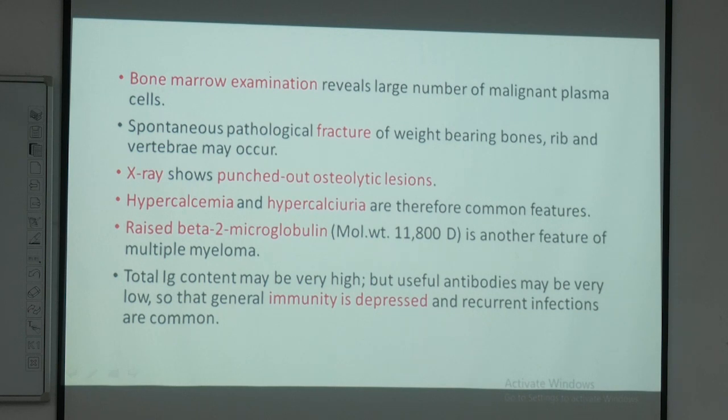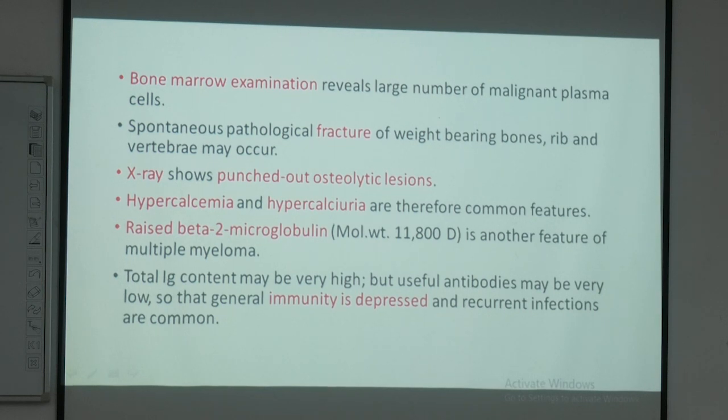So there are mainly two kinds of cells in the bones, and they are in balance with each other. One is osteoblast, another is osteoclast. What are their functions? Osteoblast helps in bone formation and osteoclast helps in bone resorption or degradation.